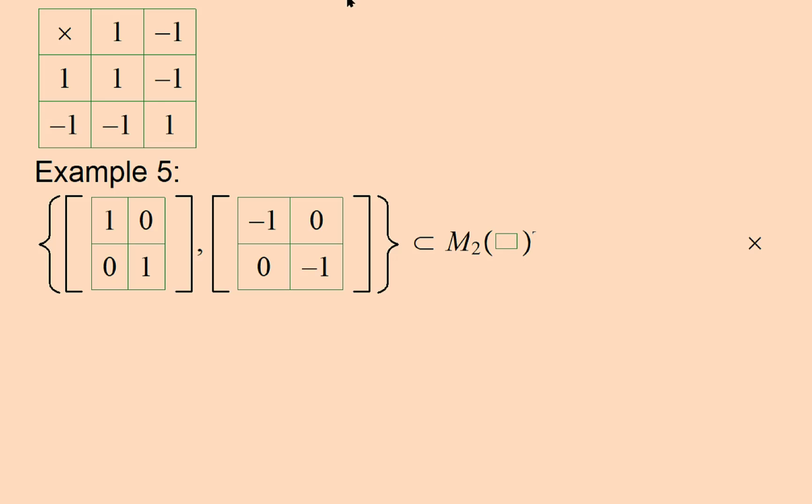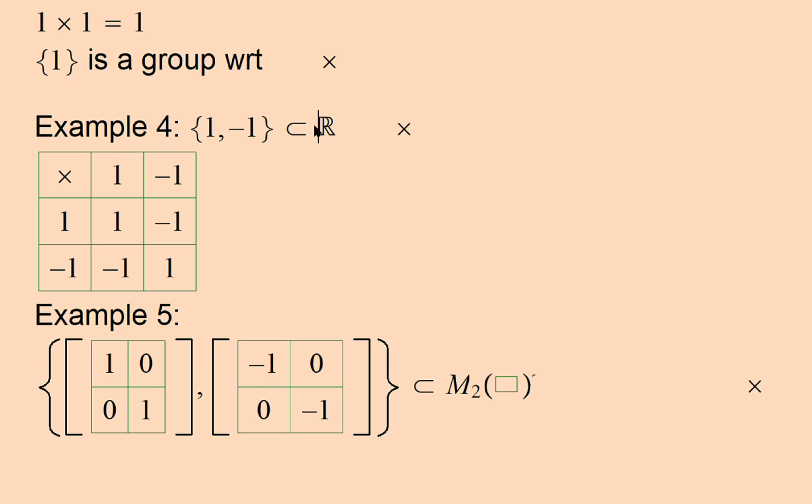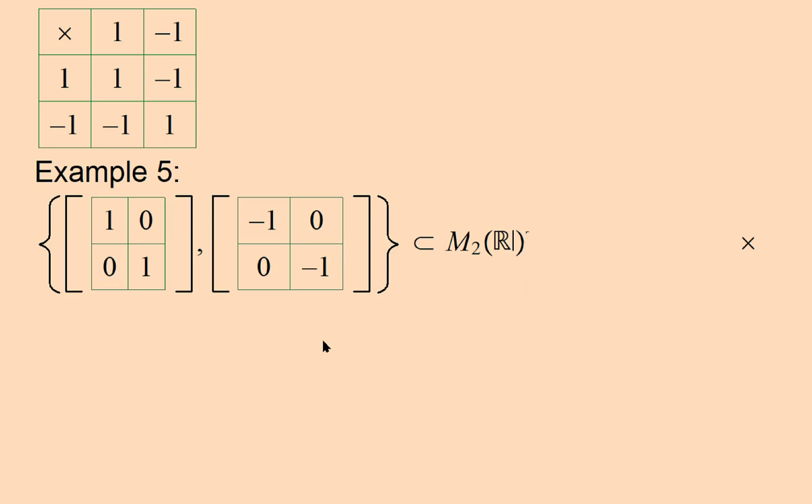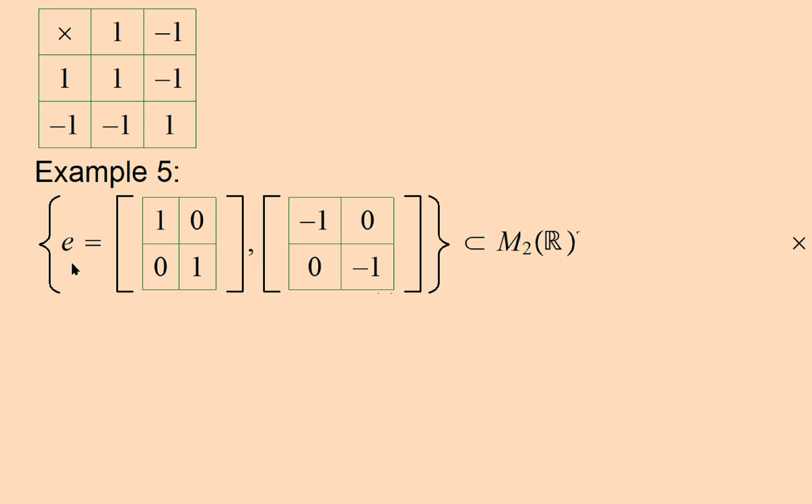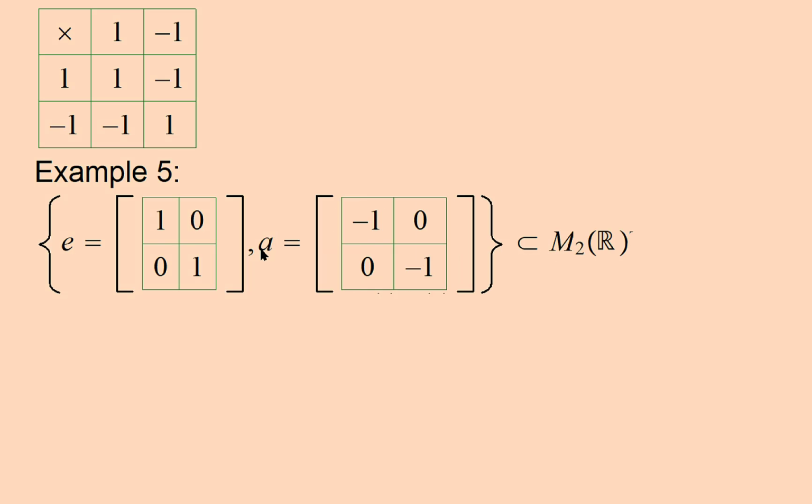So this is a subset, and just for the sake of calling it, let's call this E, and let's call this guy A. Otherwise making the multiplication table would become cumbersome.